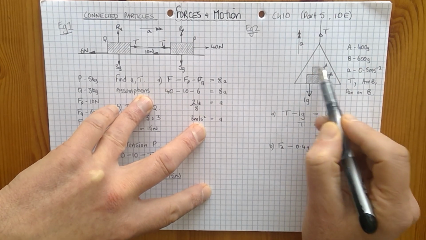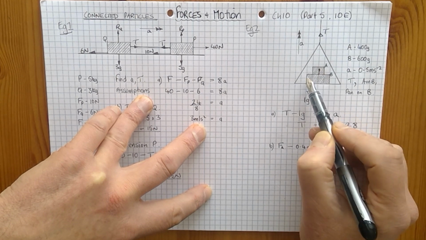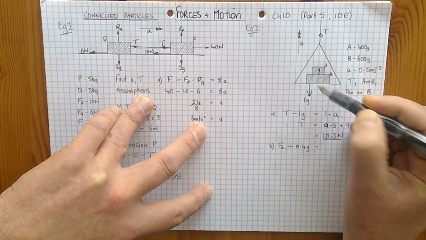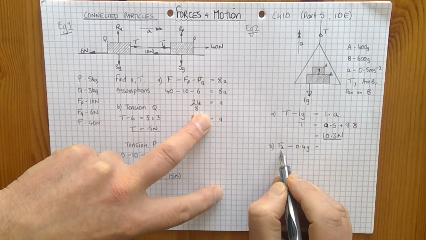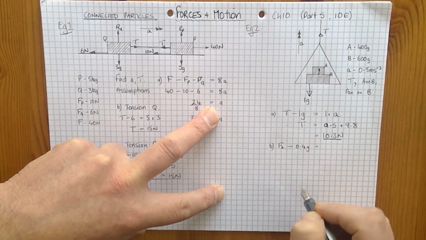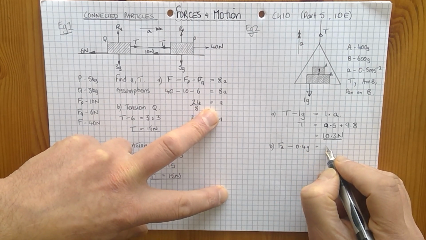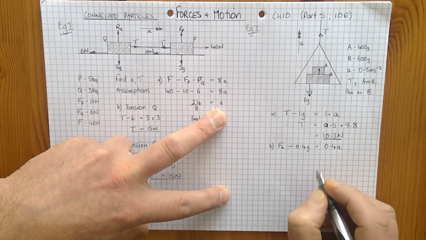We're just considering the forces on A here. We've got a force upwards, which is the pressure of B, and then we've got the force downwards. So the force acting on A, take away the gravity, because that's moving downwards, is the mass times the acceleration.